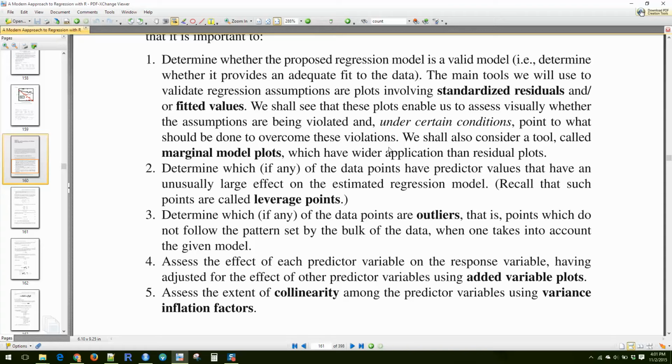All right. So with multiple linear regression, we perform diagnostics in a similar way that we do for simple linear regression. In simple linear regression, we checked the residual plots. The purpose of diagnostics is to make sure that the model we're fitting is a valid model.